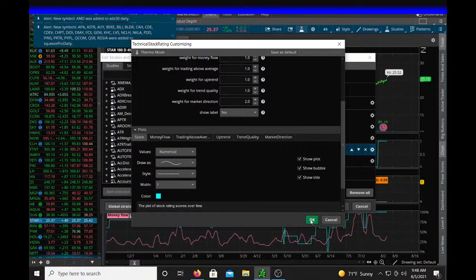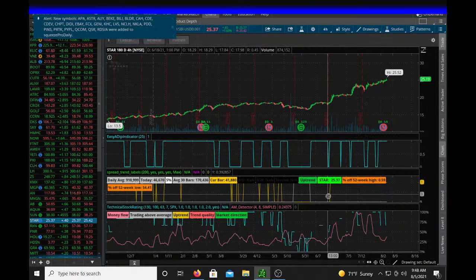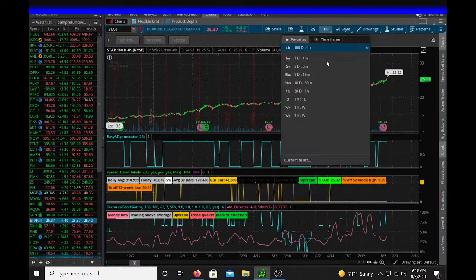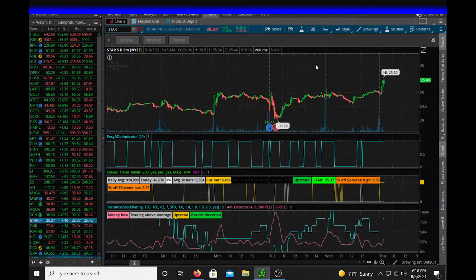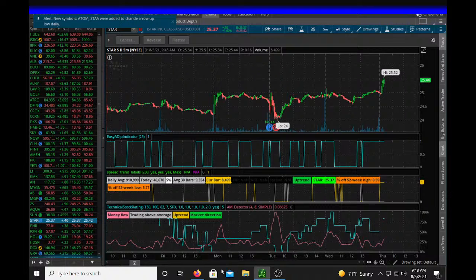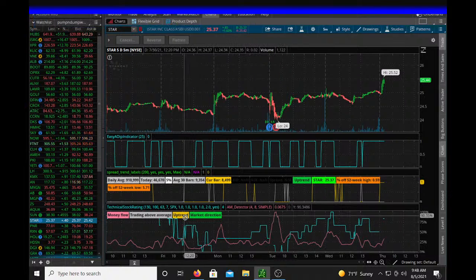Score here. Okay. So market direction green, uptrend, even though that should be kind of green too. Says it's trading above average.